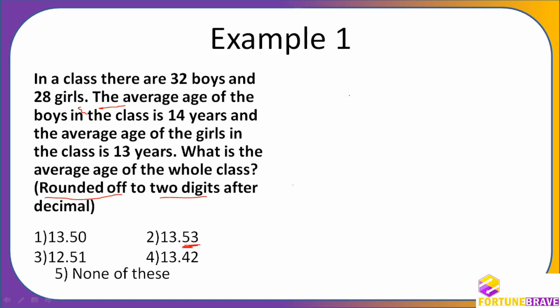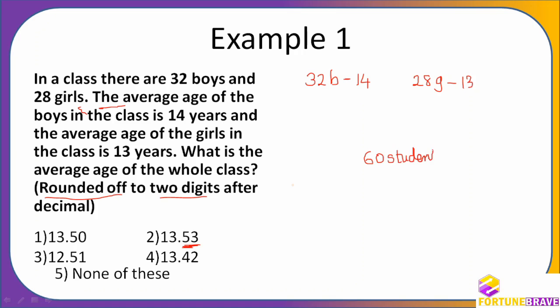Anyway, let me try to understand this question. There are 32 boys and there are 28 girls. The average of the boys is 14 years. The average of the girls is 13 years. They are asking what is the total average of the whole class, which is 60 students.